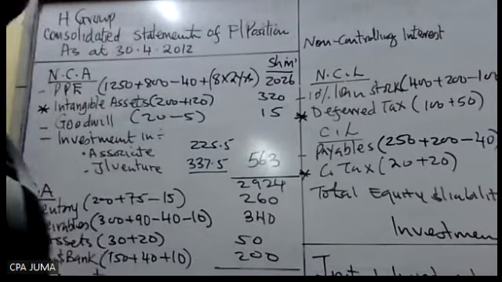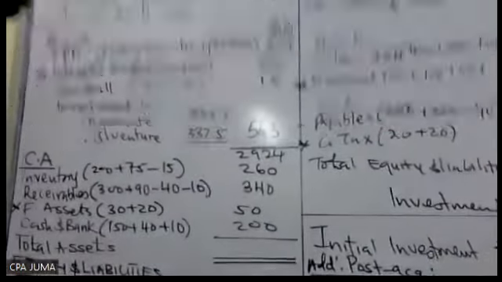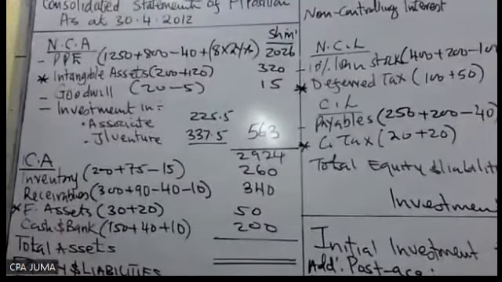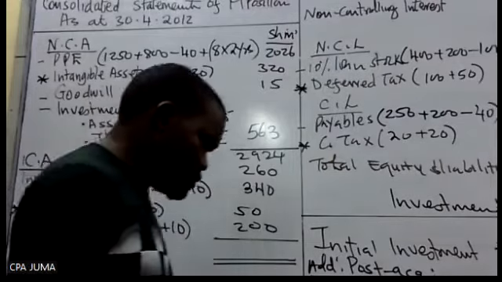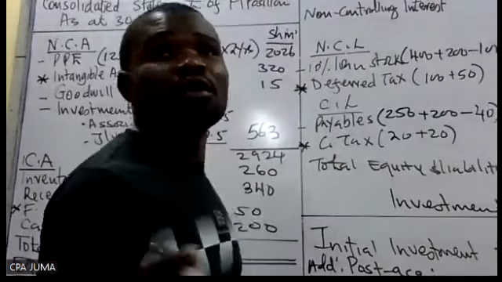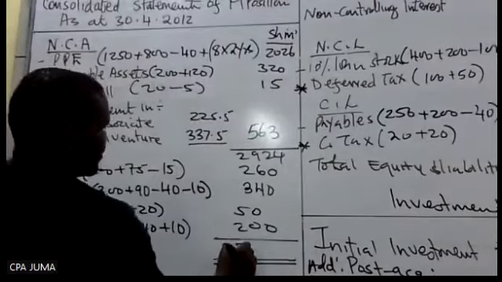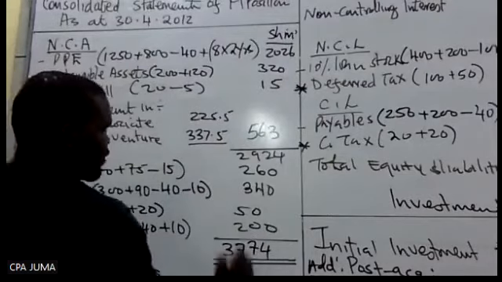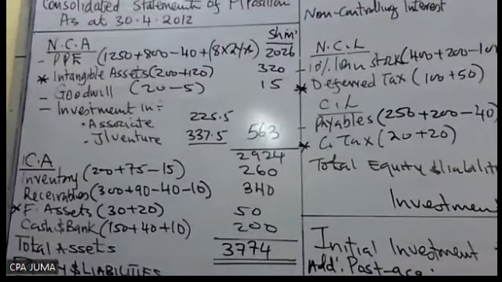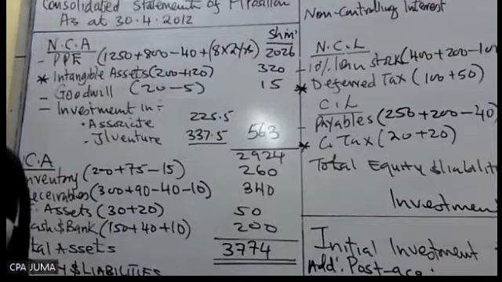Add for me all the assets. How much? 37, 71. We are coming on well.